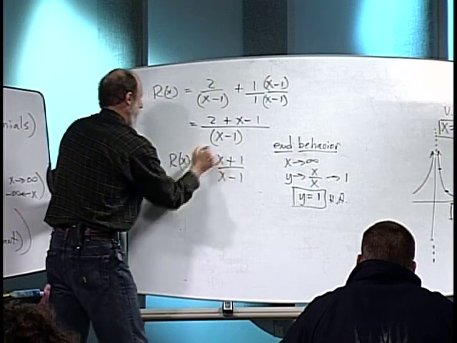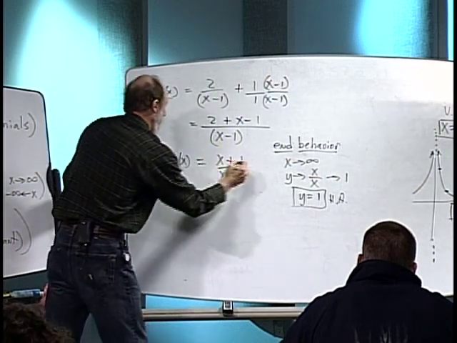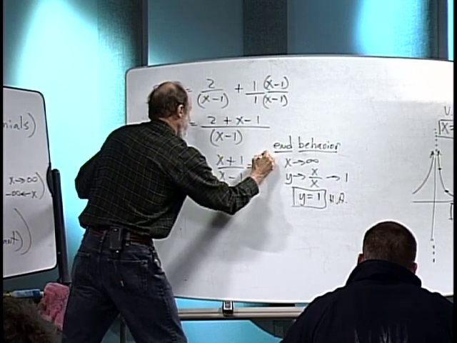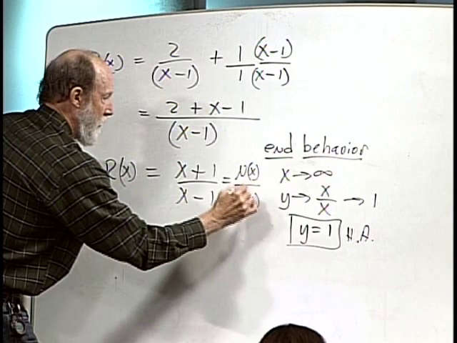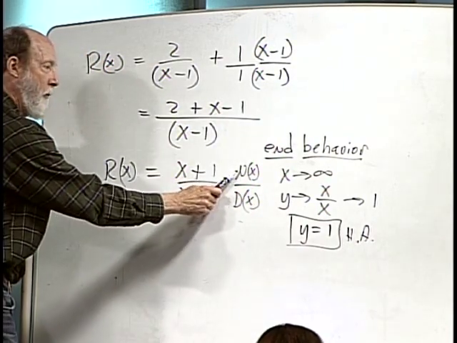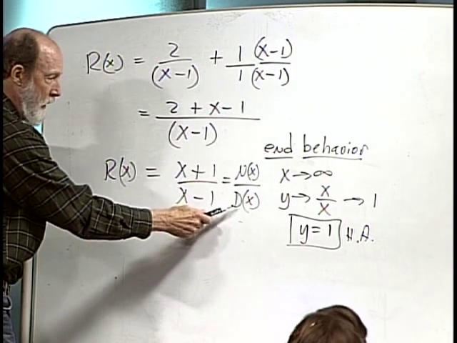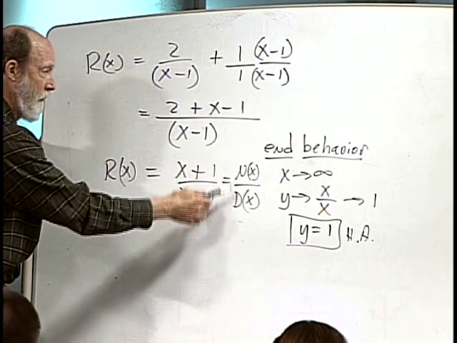We have a fraction here, and in the introduction to this last session, I spoke of the numerator as being a function called n of x, and the denominator being a function called d of x. Textbooks oftentimes will take the numerator and call it p of x, and the denominator q of x. Doesn't matter what symbols you use.